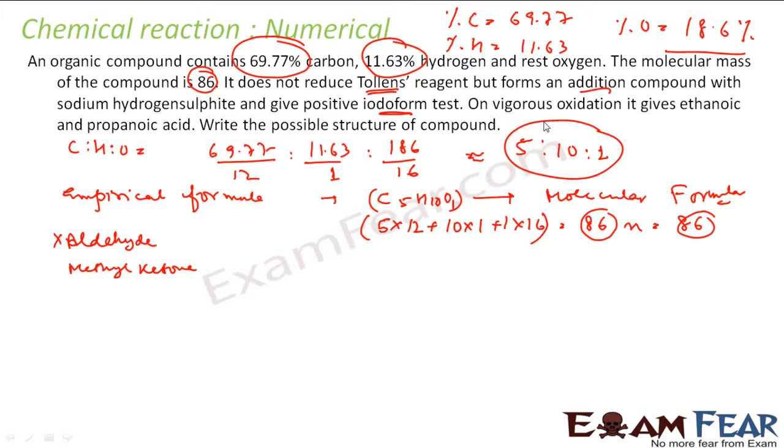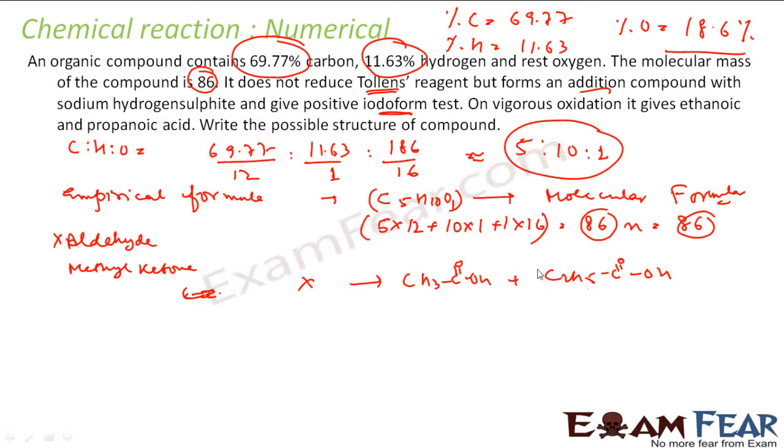That means on one side it is the ketone, something like this, methanoic and ethanoic. So the compound gives methanoic and ethanoic acid, okay, let me draw this.